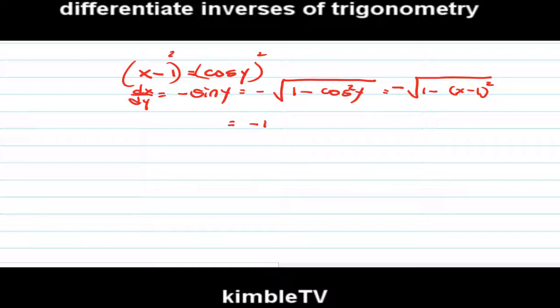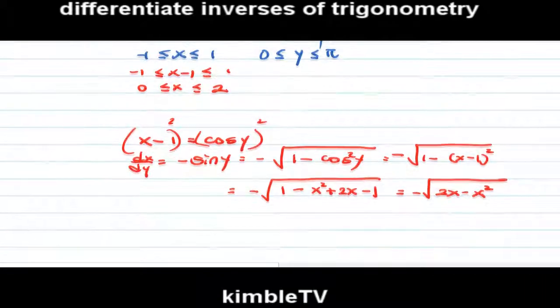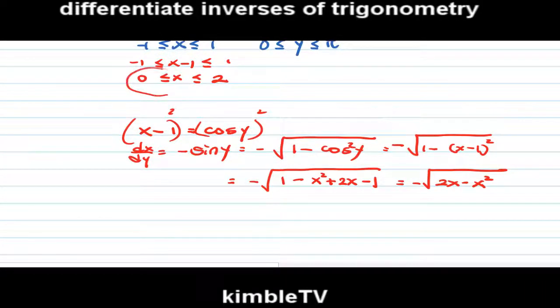Therefore minus root of 1 minus (x minus 1) squared, which expands to minus root of 2x minus x squared. For the domain and range, x is between 0 and 2, and y is still the same.